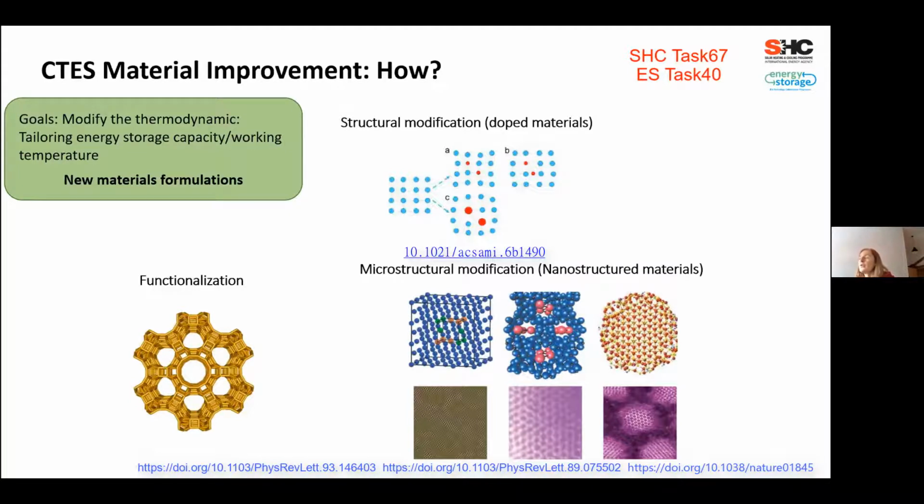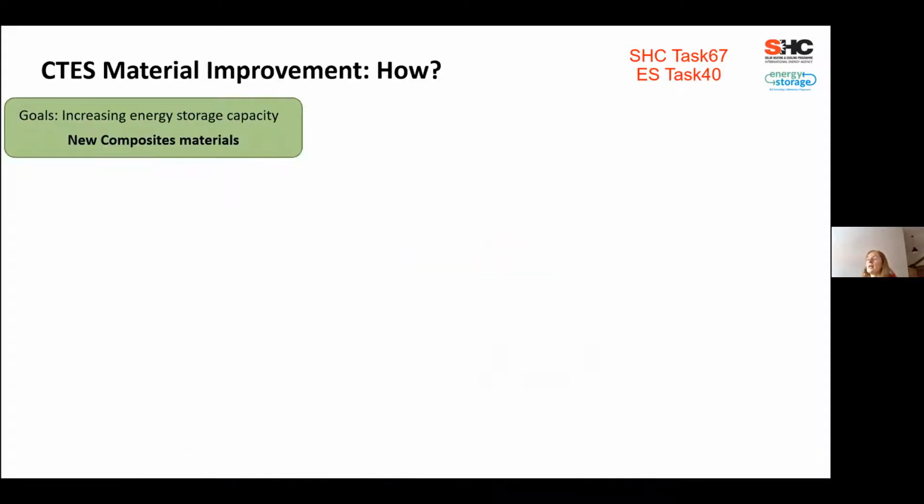Of course, we have to be able to maintain this nanostructure upon cycling. And sometimes this is not possible, for example, when we work in high temperature. Sometimes we lose that characteristic.